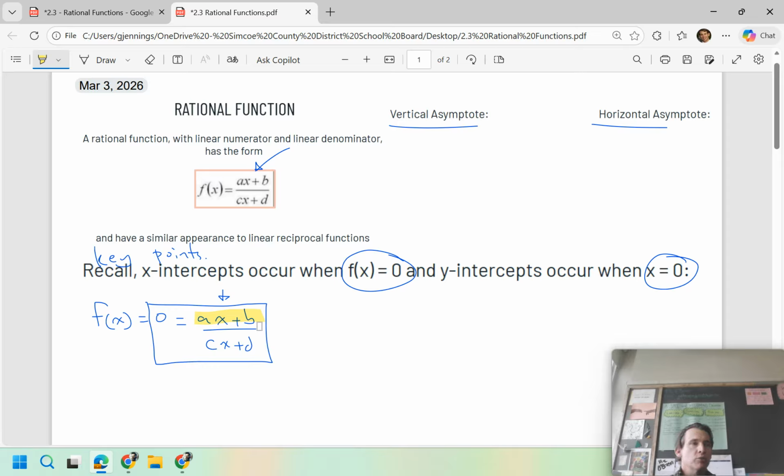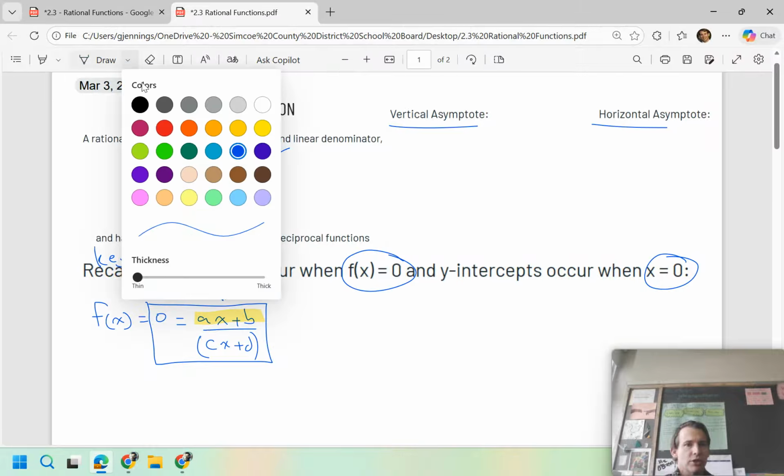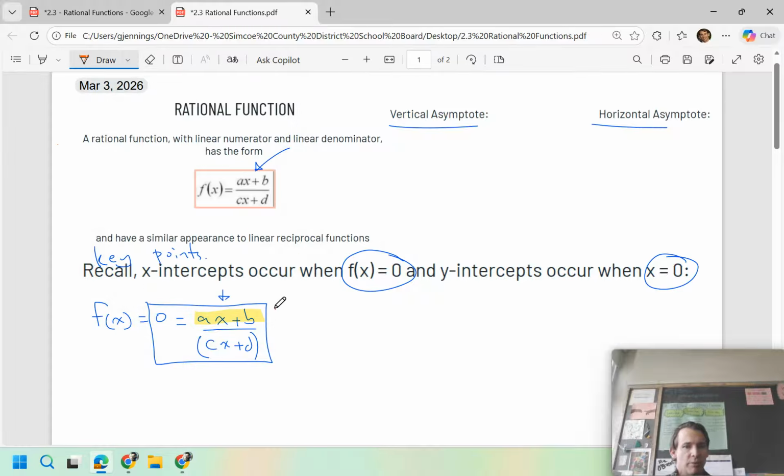Because we're linear over linear, there will be 1, unless we happen to have a hole there. We'll talk about holes later. I don't think we get to talk about holes today. So in this case, you can algebraically do that by multiplying both sides by the denominator, cx plus d. But that's kind of a ridiculous move because we're just multiplying 0 times cx plus d, and anything times 0 is 0, so this just goes away and stays 0.